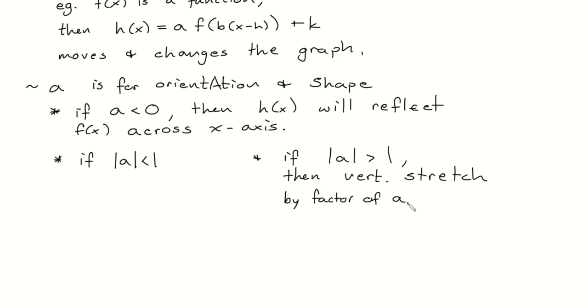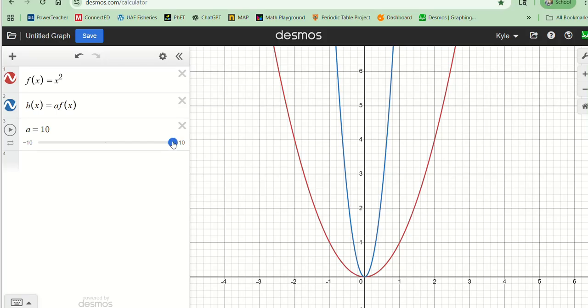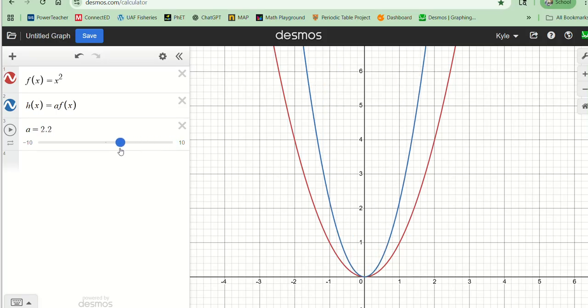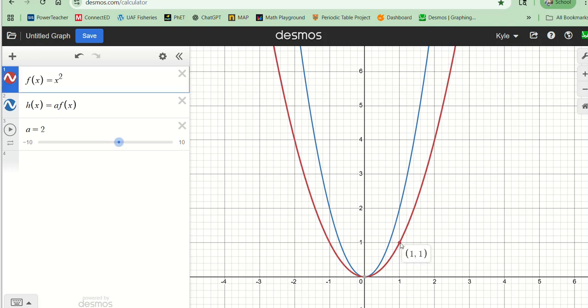I'm going to do this one on the board. If I had x squared and then 2x squared, any y value you would get, you would just double. So that's our factor of 2 part. Instead of 1, 1, the point becomes 1, 2. Instead of 2, 4, let's see exactly this. 1, 1 is on this graph, right?